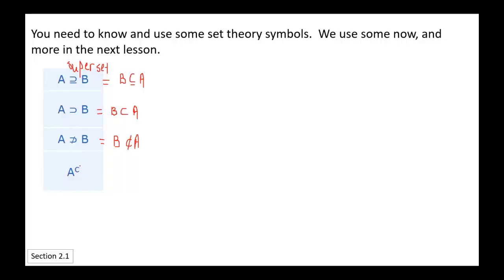Now this one is different. This little C here could be written with just, that's not really supposed to be a 1. It's supposed to be more like an apostrophe or an accent mark. But that means complement. That's the word for it. Now the E in there actually comes from the word complete.